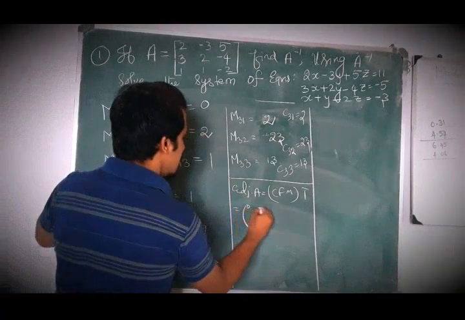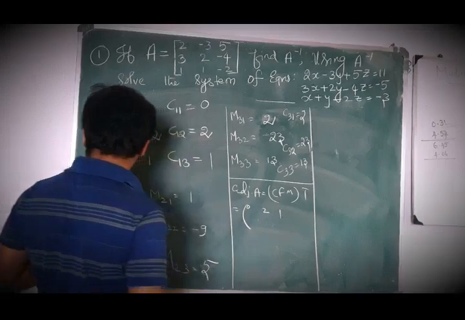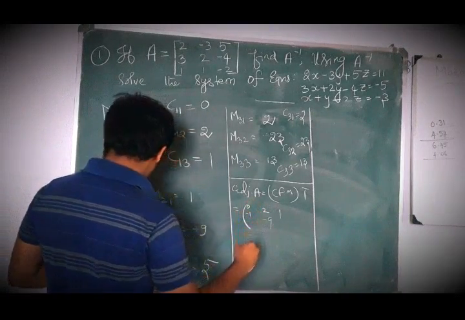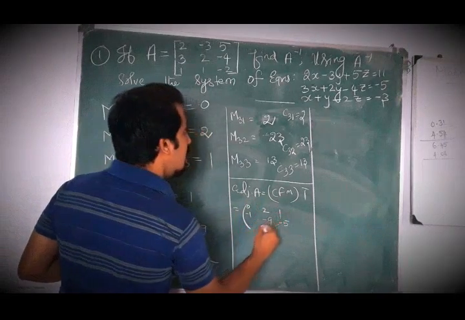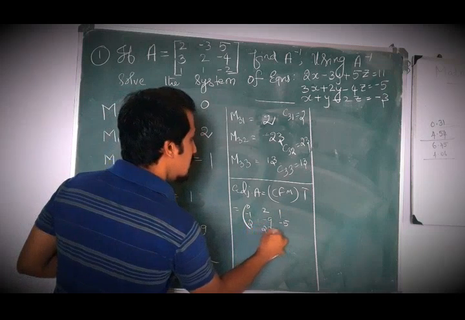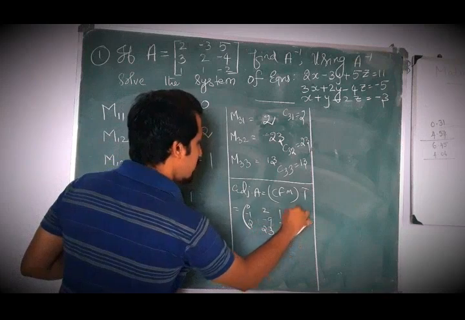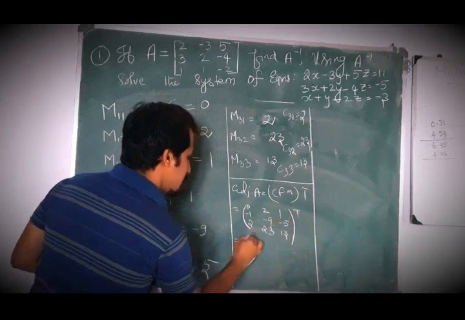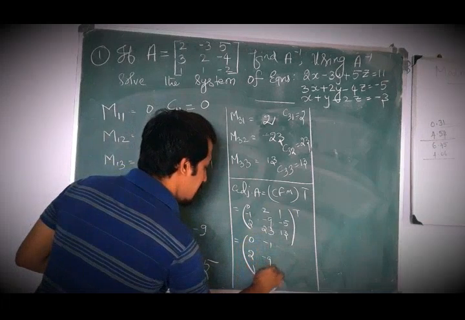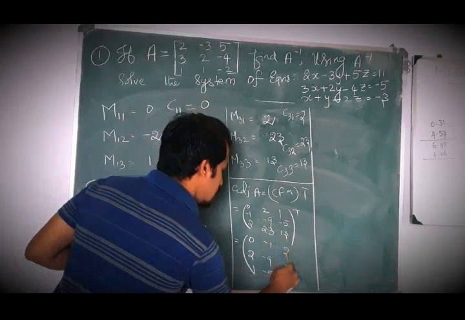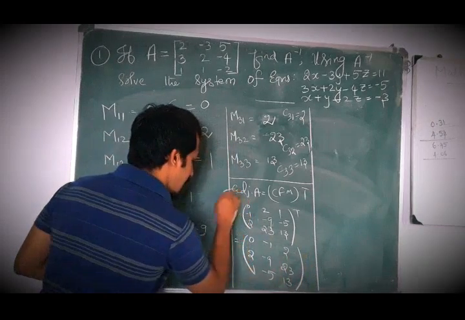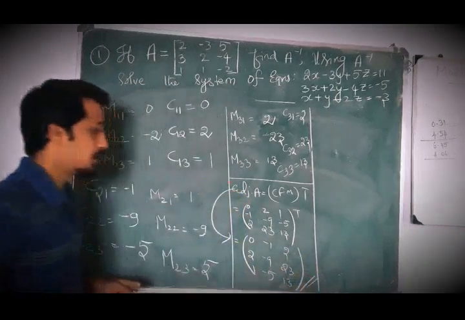C11 is 0, C12 is 2, C13 is 1, C21 is minus 1, C22 is minus 9, C23 is minus 5, C31 is 2, C32 is 23, C33 is 30. Its transpose is nothing but [0, 2, 1; minus 1, minus 9, minus 5; 2, 23, 30]. This is nothing but adjoint A.